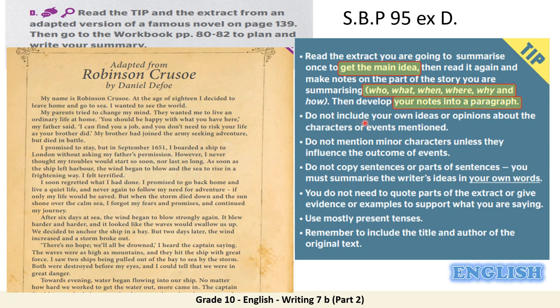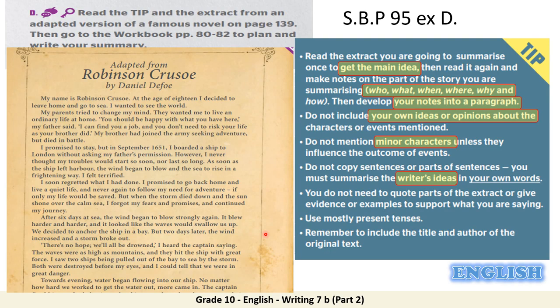Do not include your own ideas or opinion about the characters or the events mentioned. Remember also that you shouldn't mention the minor characters unless they influence the outcome of the events. Remember not to copy sentences or parts of sentences.